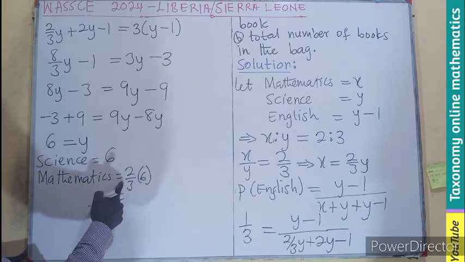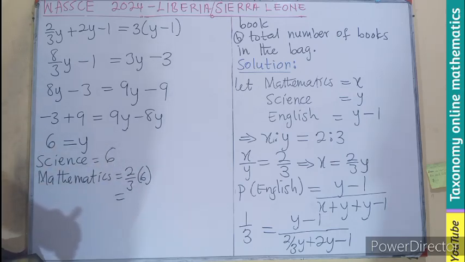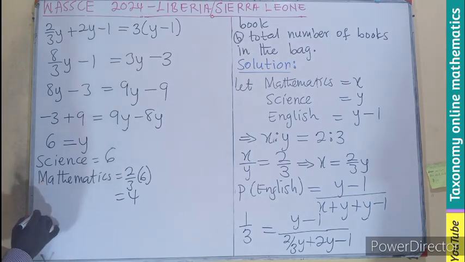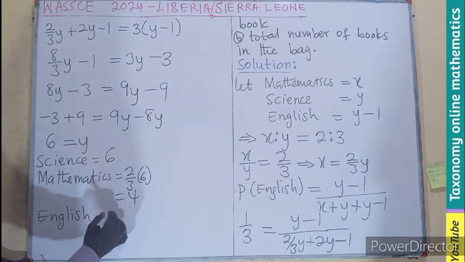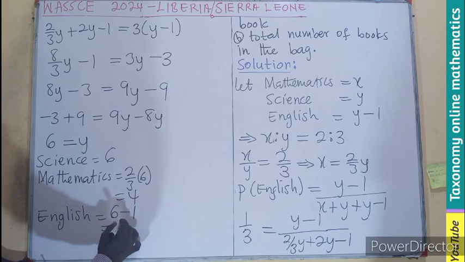That will be 2 go there, 3 go there. 2 times 2 is 4. Then your English is going to be Y minus 1. That is 6 minus 1, and that gives us 5.